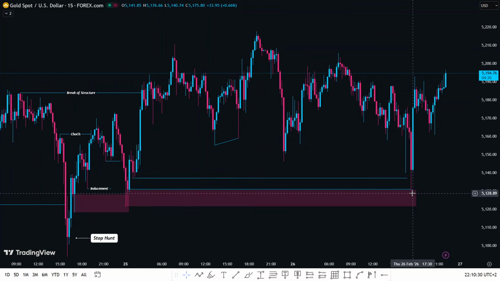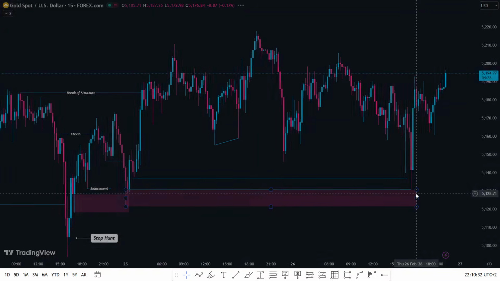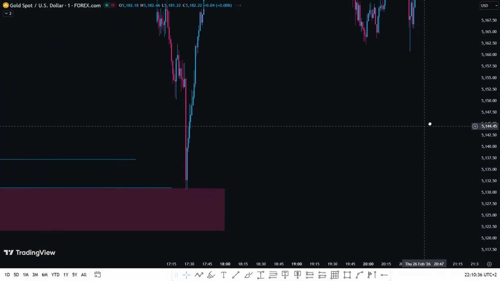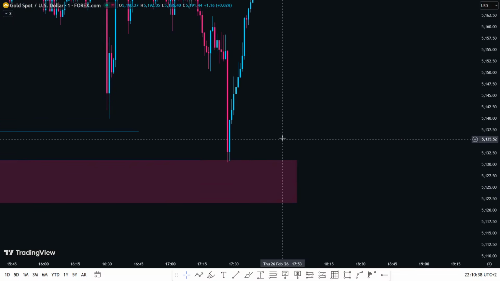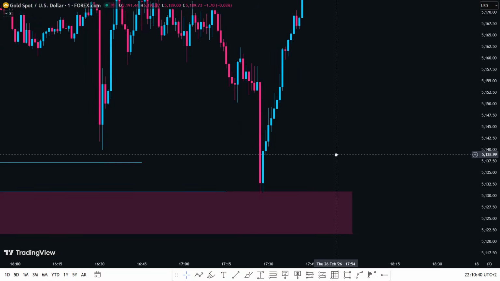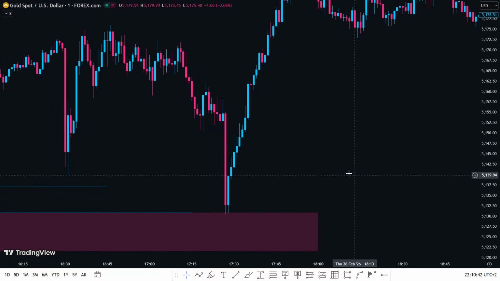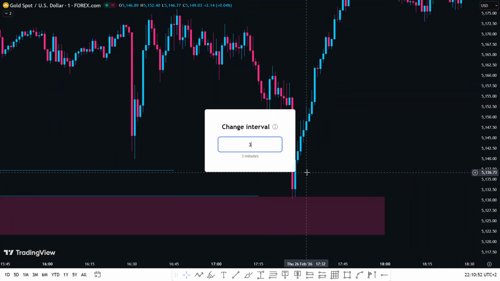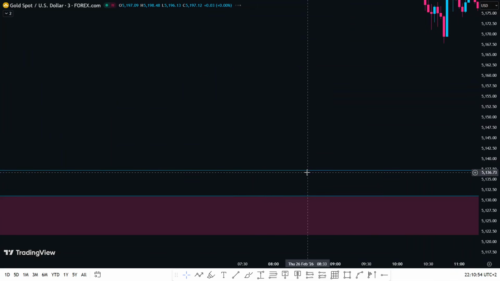So let's quickly hop on the lower time frames. You can clearly see that here, if you are not comfortable with tips, there wasn't any engulfing unless you go through multiple time frames.